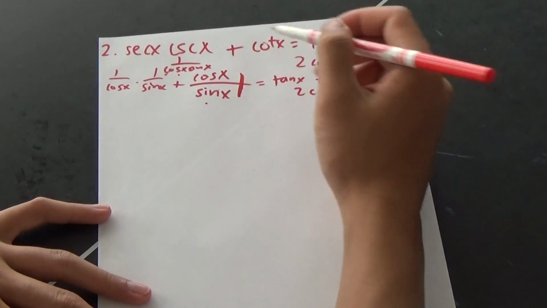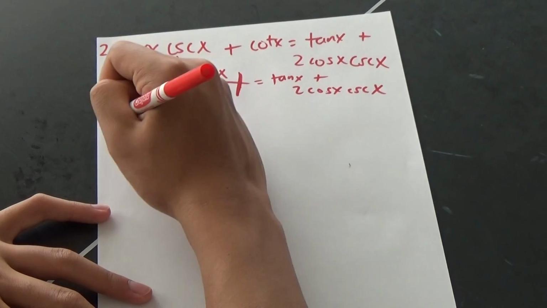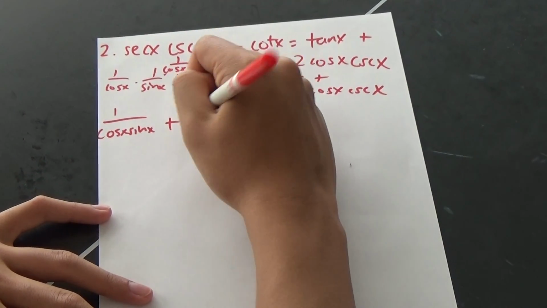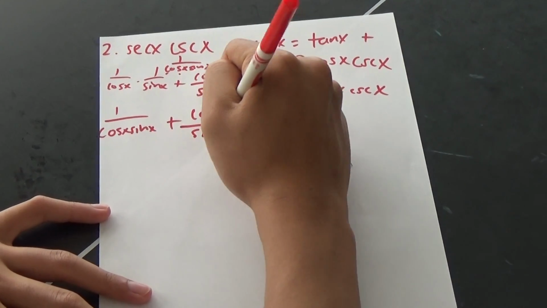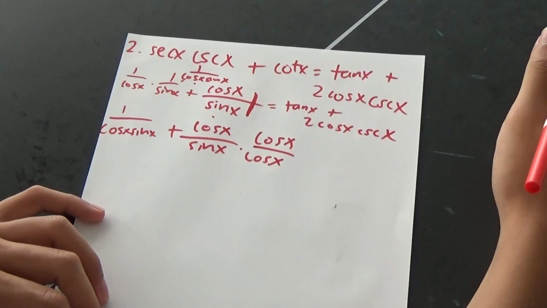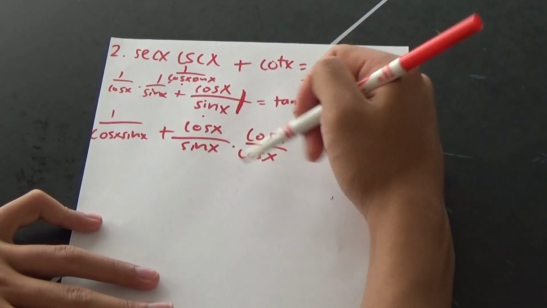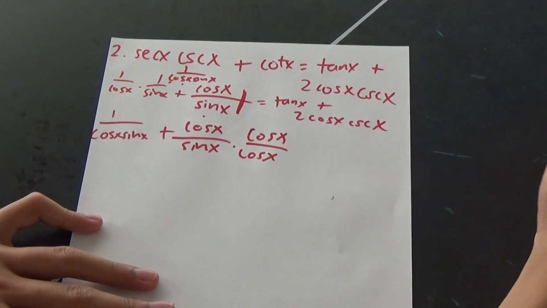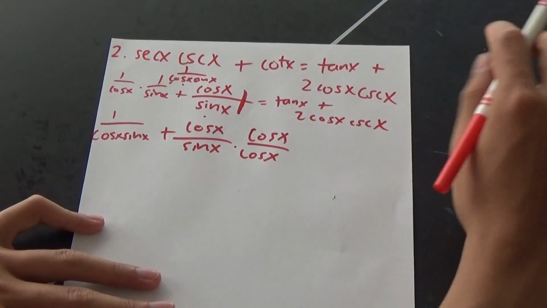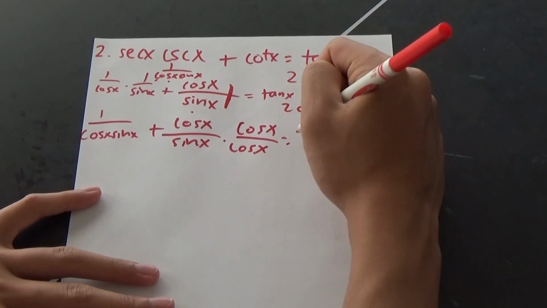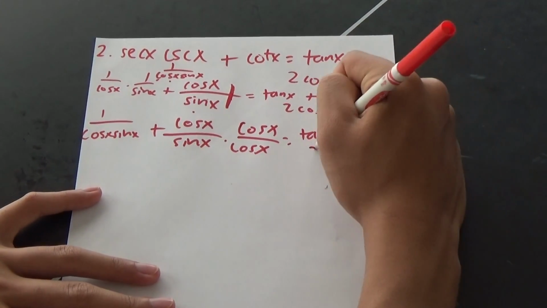So all you need to do is multiply this by cosine x over cosine x, right? And that's perfectly legal because cosine x over cosine x is 1. And multiplying something by 1 does not change its value, of course.